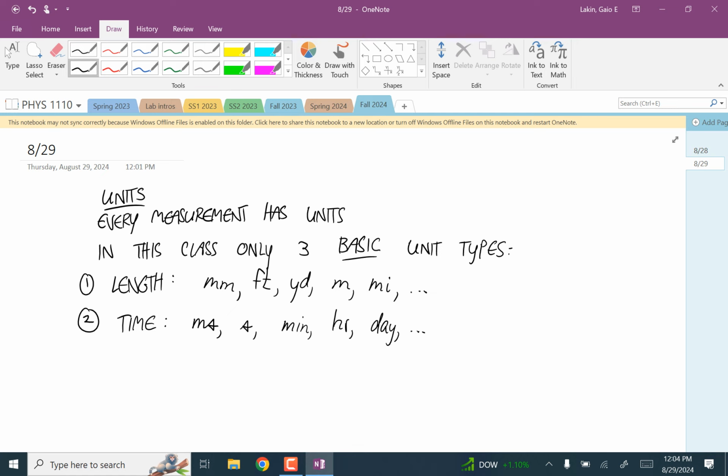And then the last one is mass. Some units of mass are grams. There's one called a slug, that's the unit of mass for British units, imperial units. And kilograms.